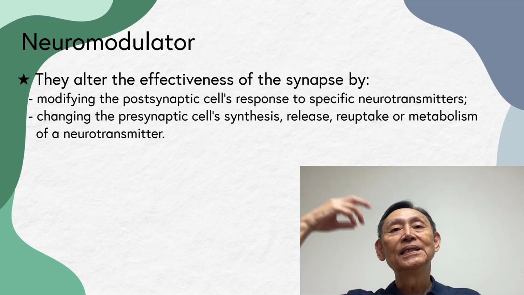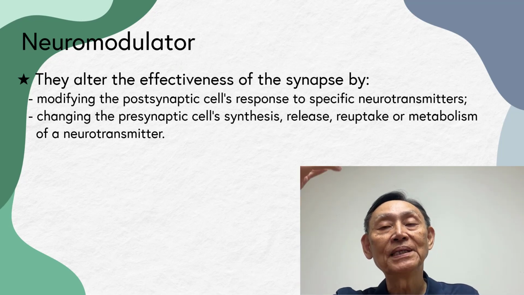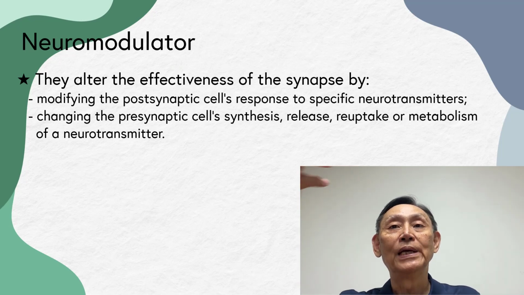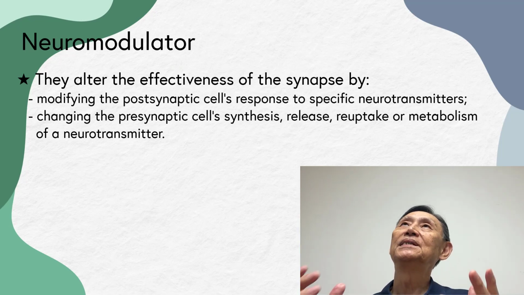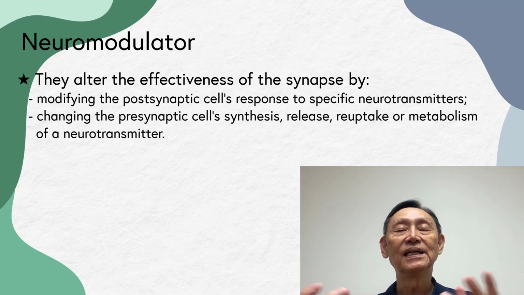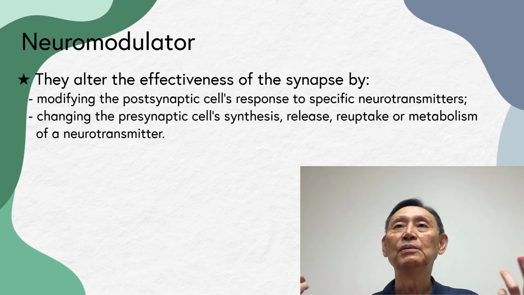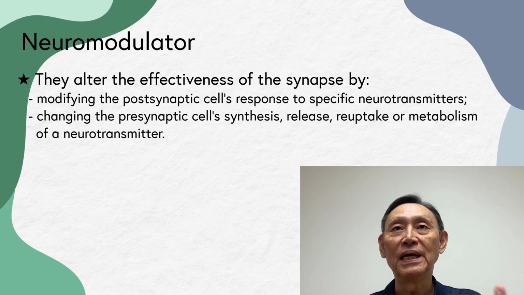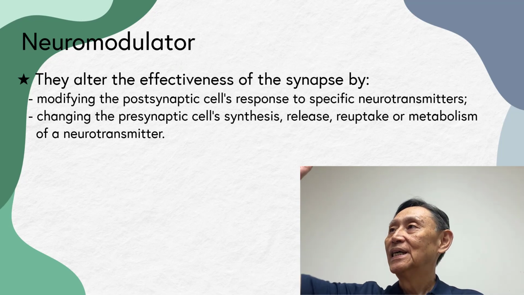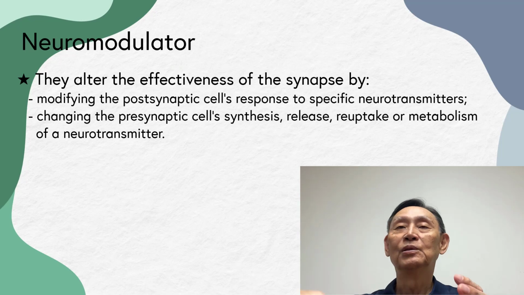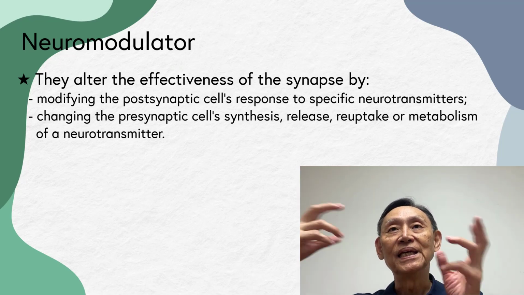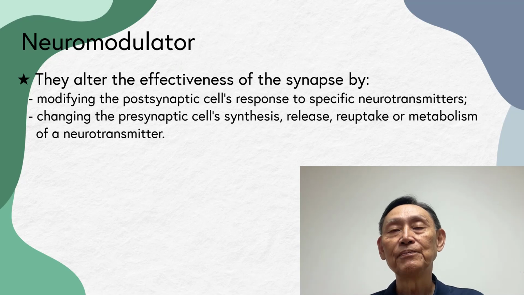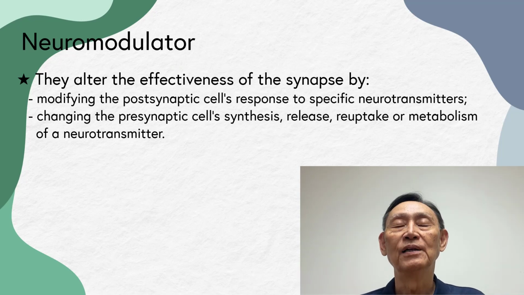And sometimes they can change the presynaptic cell's synthesis, release, reuptake, or metabolism of the neurotransmitters. So a neuromodulator by itself doesn't do much. But in the presence of a neuromodulator, the more classical neurotransmission by the neurotransmitters can be enhanced or reduced. So they are modulators.